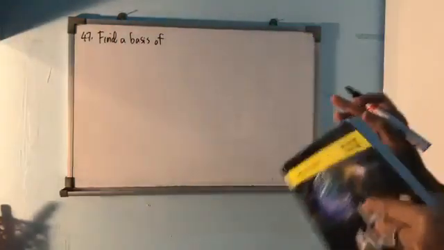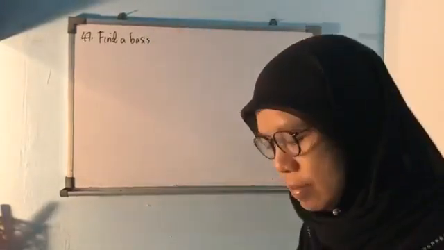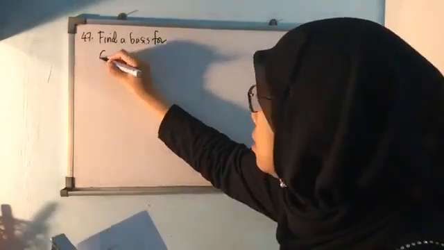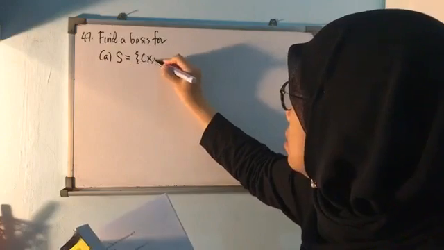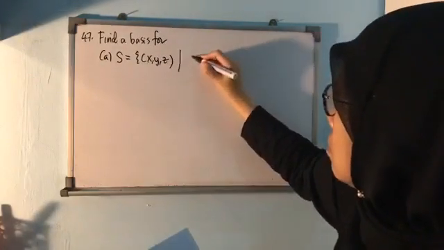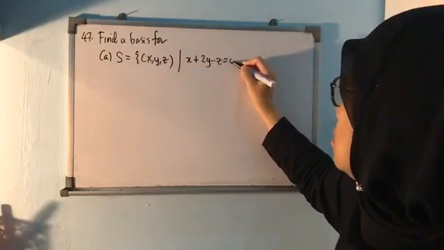Find a basis for S equal to x, y, z, where x plus 2y minus z is 0.